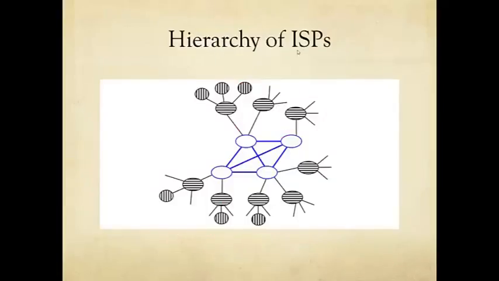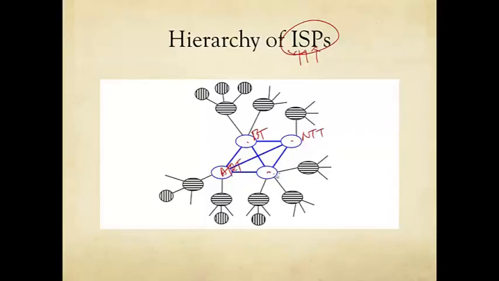For example, the ISPs, the Internet Service Providers, form a hierarchy spatially. These blue ovals represent what's called Tier 1 ISPs. These are big companies offering network services. For example, NTT or BT or AT&T and so on.